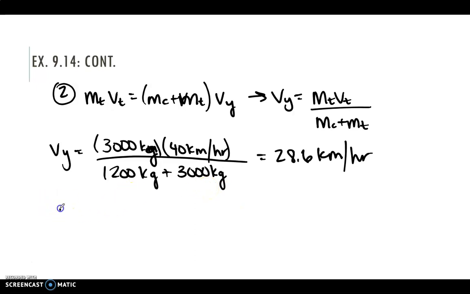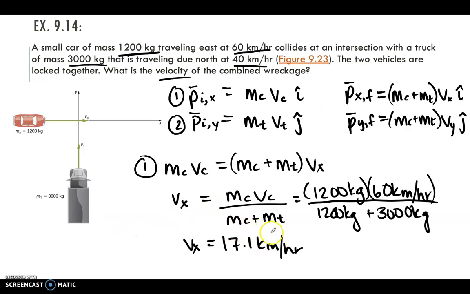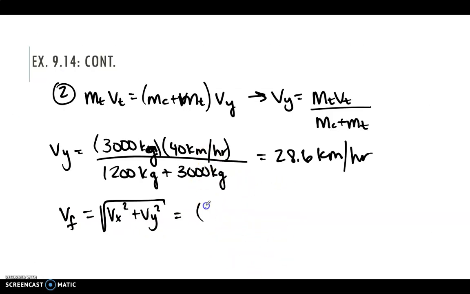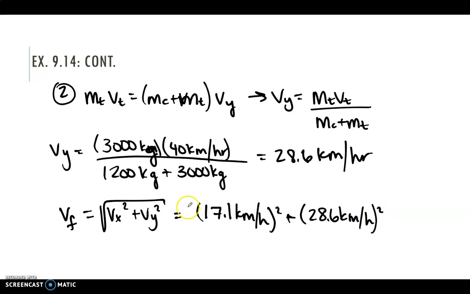Now we have both of these pieces. Now we can solve for our final velocity. That is going to be v sub x squared plus v sub y squared, square rooted. So the v sub x we found was 17.1 kilometers per hour, squared, plus v sub y we found was 28.6 kilometers per hour, squared, and then take the square root.